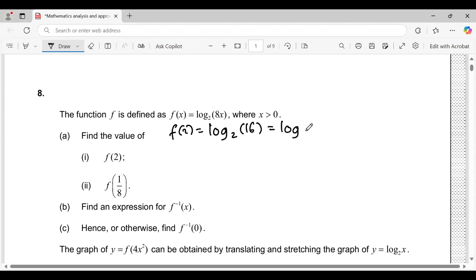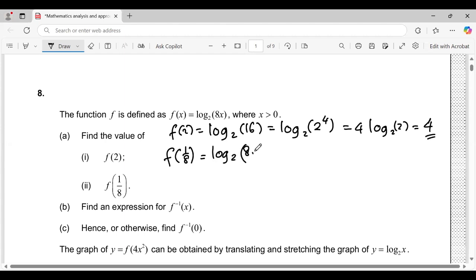It is log 2 to the power 4, or 4 log 2 of 2. It is 4 because 4 times 1 equals 4. Next, f(1/8) becomes log 2 of 8 times 1/8, log 2 of 1. It is 0 because log 1 equals 0.